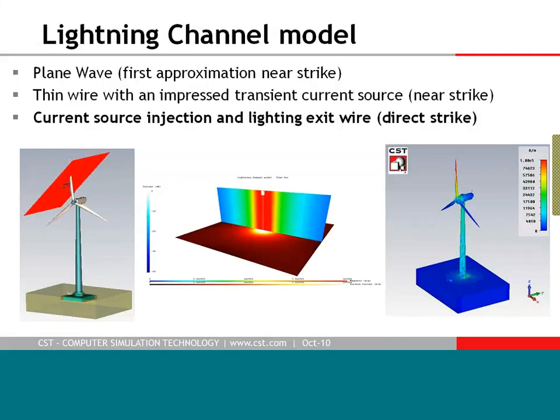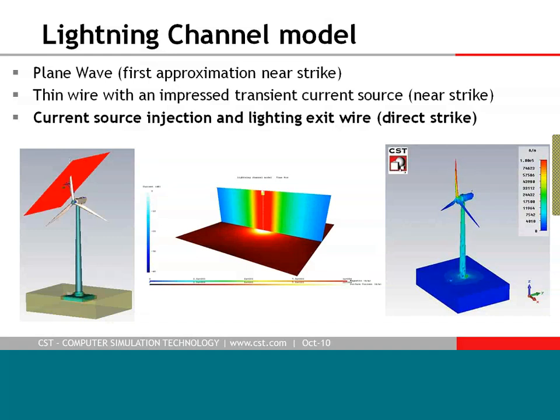When starting to model a lightning problem, the first question you have to answer is what kind of channel, or what kind of strikes, I would like to model. We can consider a couple of effects: a near strike or a direct strike. For that, CST STUDIO provides different kinds of sources.